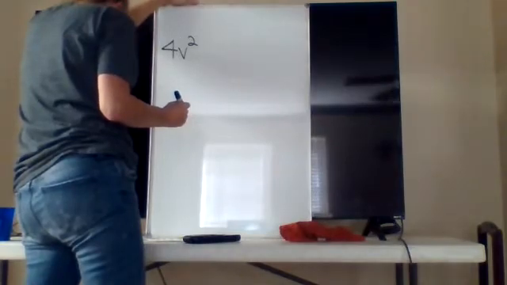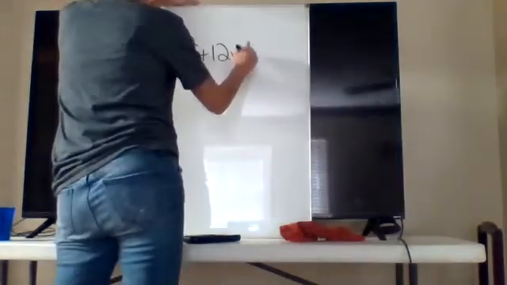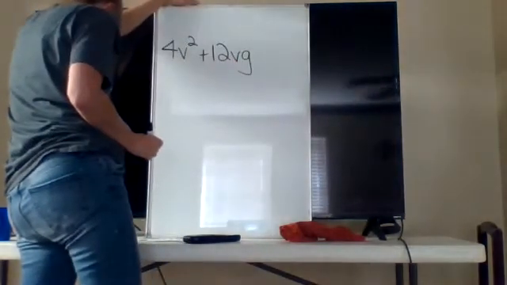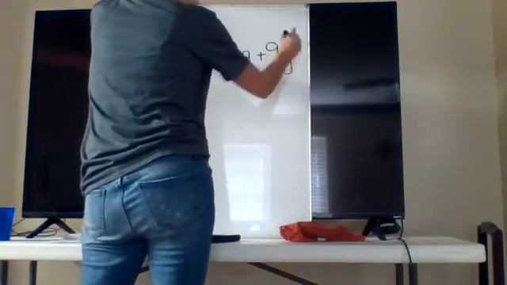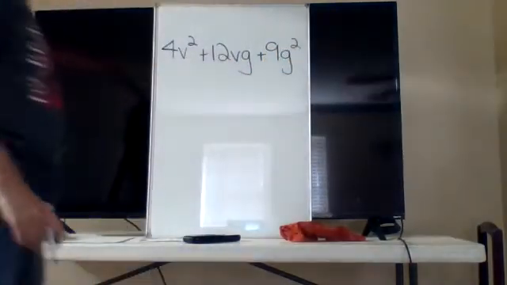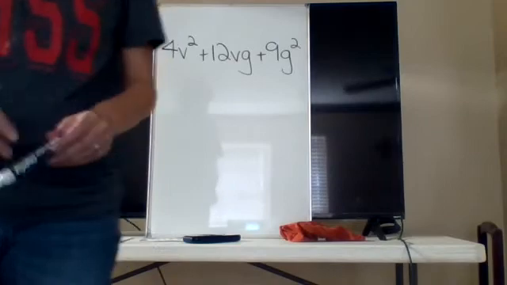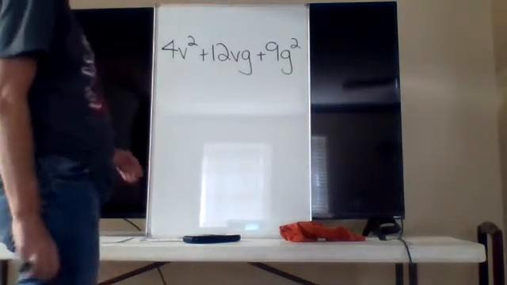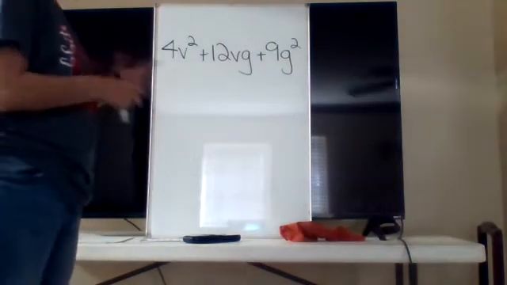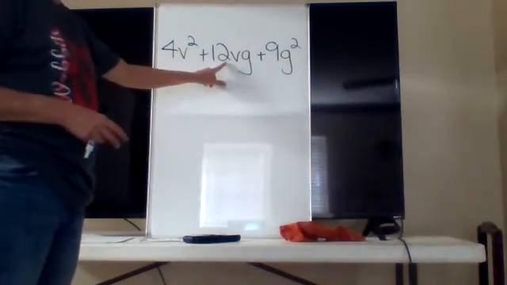All right, number 13, you have 4v squared plus 12vg plus 9g squared. All right, so this one's a little bit harder. First of all, like the last ones, I'm looking for something in common. I have a 4 and a 12.